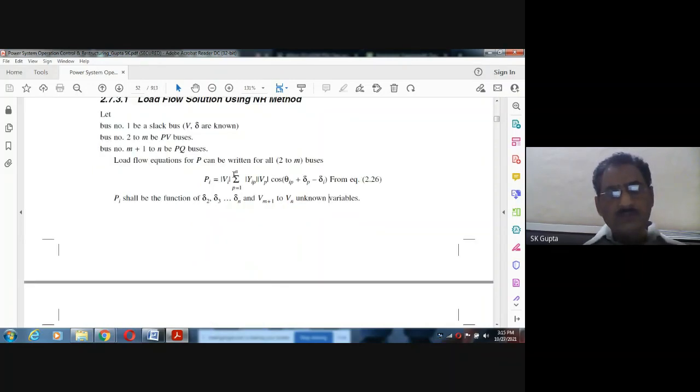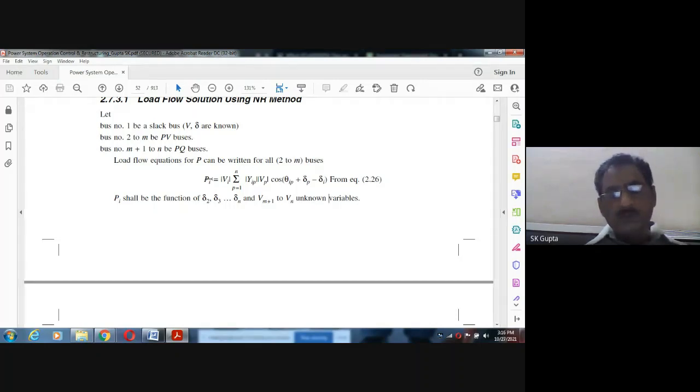Then we said this can be applied to the power system load flow equations. In place of our F2, F3, F4, our nonlinear equations are like this, whether it is a PV bus or a PQ bus.